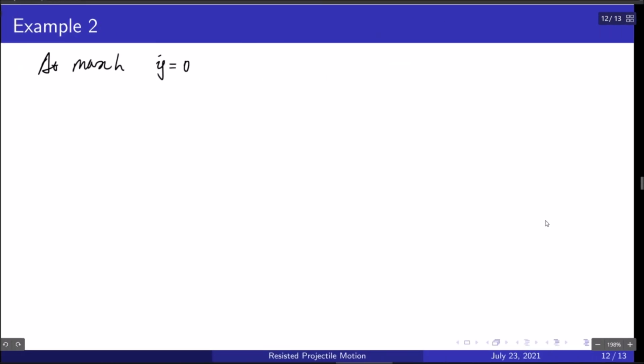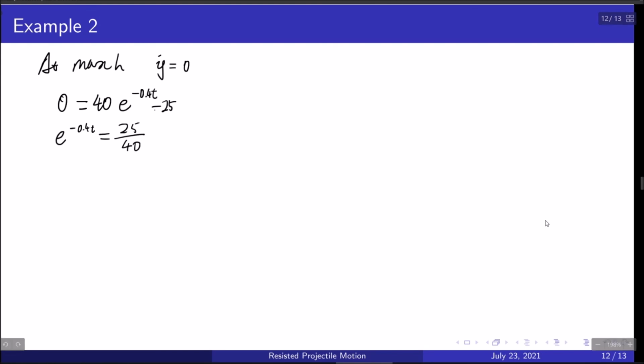So 0 equals 40e^(0.4t) minus 25. So to solve this, e^(-0.4t) would equal 25 over 40.